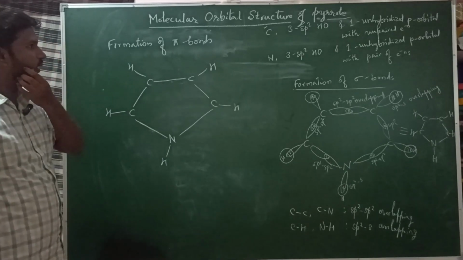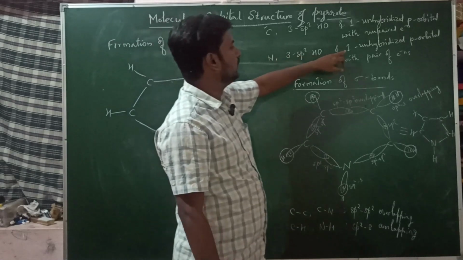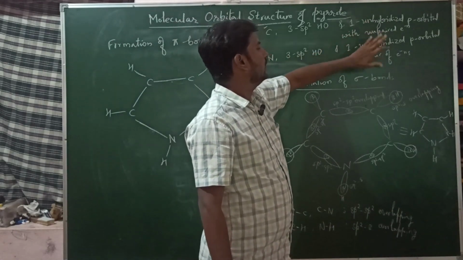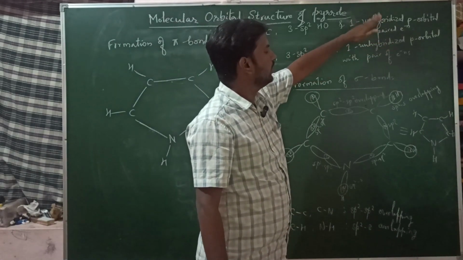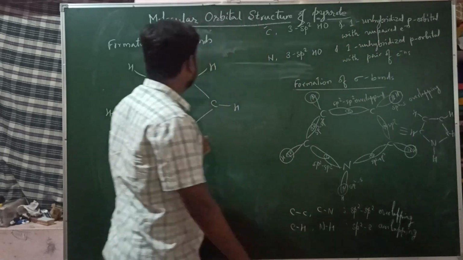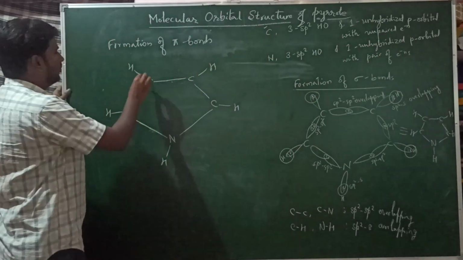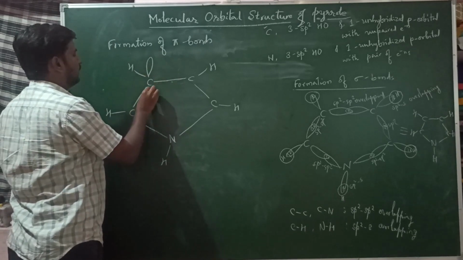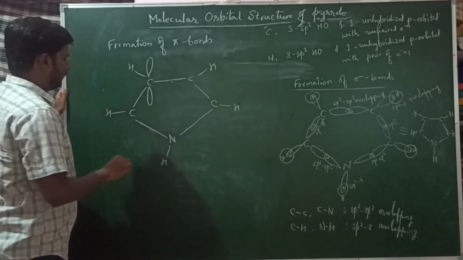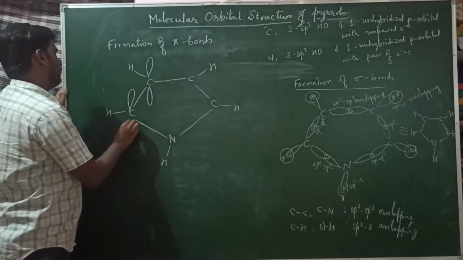And you know, each of the carbon and also the nitrogen still has one unhybridized p orbital. So let me draw that. You know, the geometry of the p orbital is dumbbell.